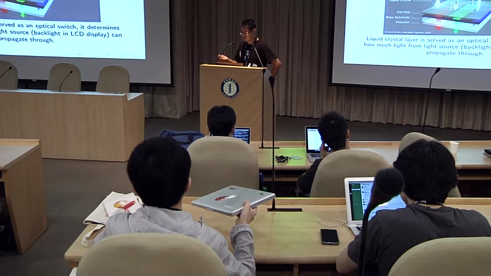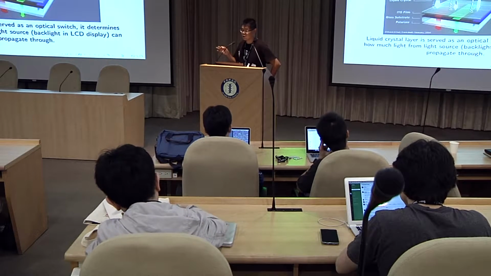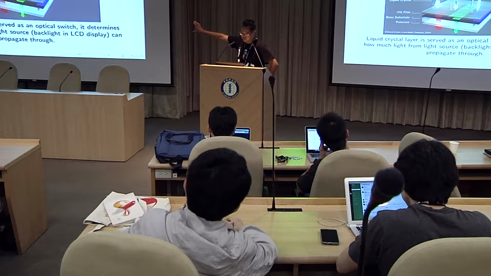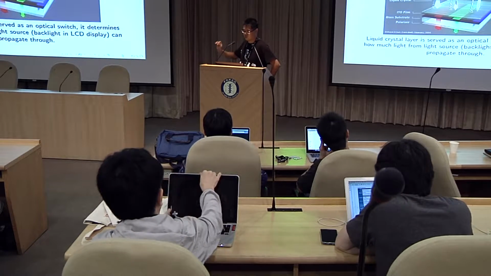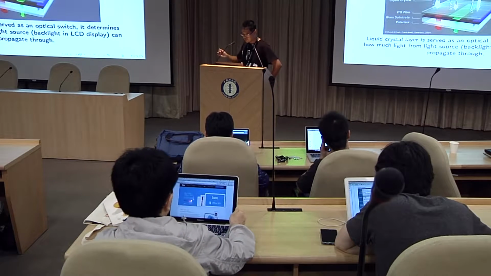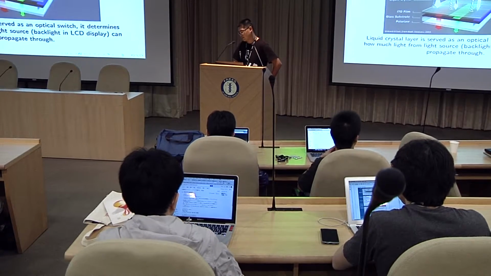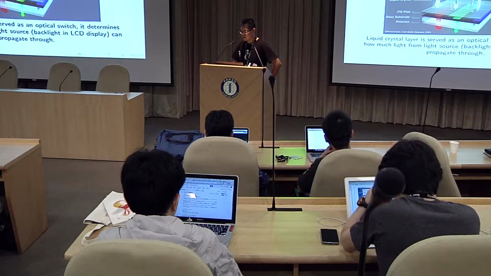They are conducting materials, so we can apply voltages between these two ITO films. With this electric field, you can control the orientation of the liquid crystal. And this orientation film, normally in the company we call it the alignment film, is composed of polyimide.